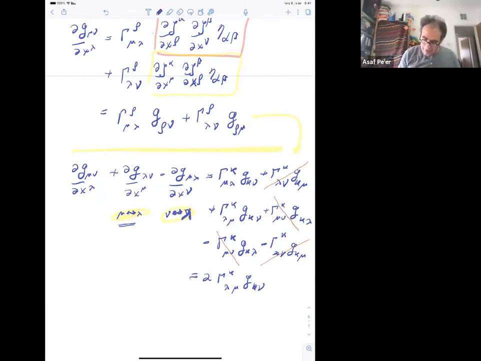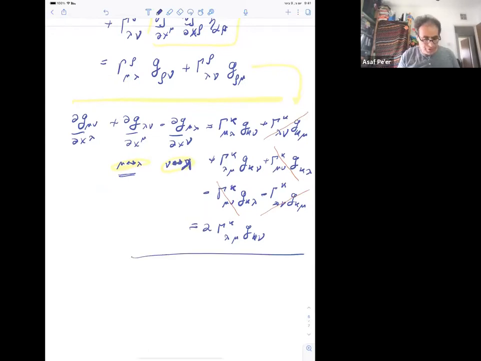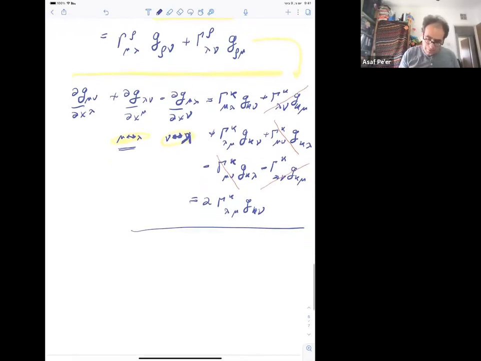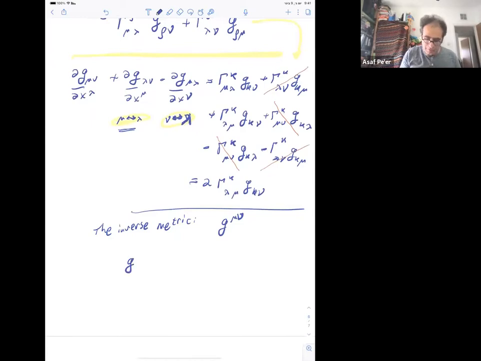So, of course, the next thing is to define the inverse of the matrix G. So the inverse metric, G mu nu. Of course, we'll have two upper indices. It's defined such that G mu sigma G mu kappa is equal to what? Delta.